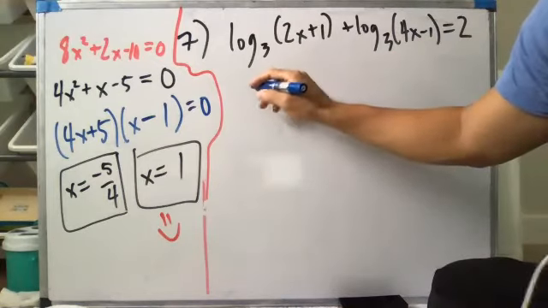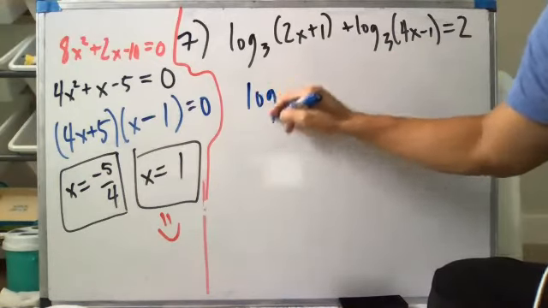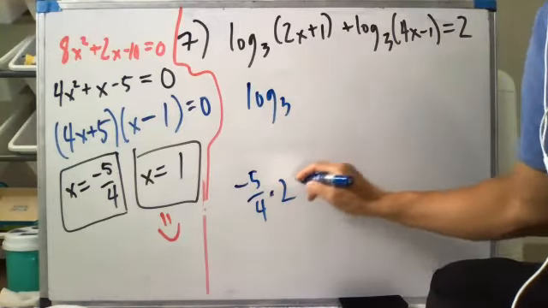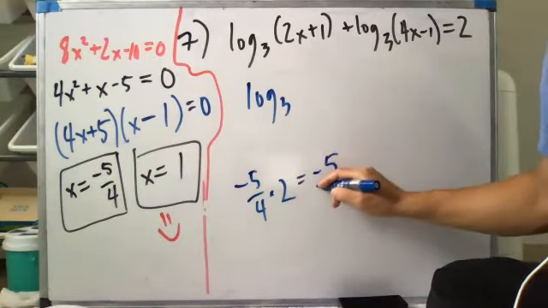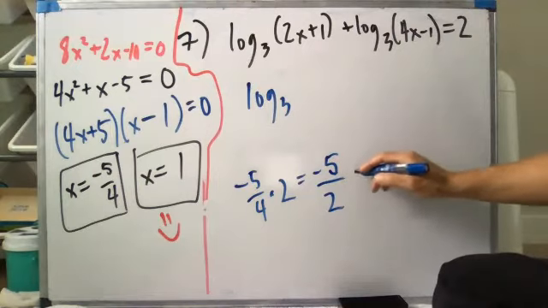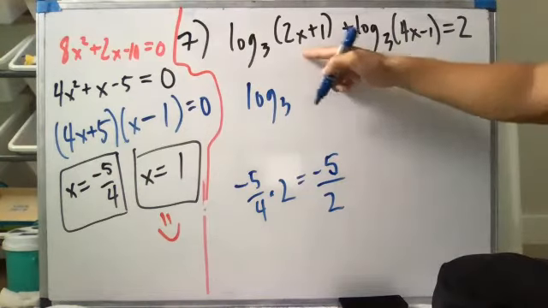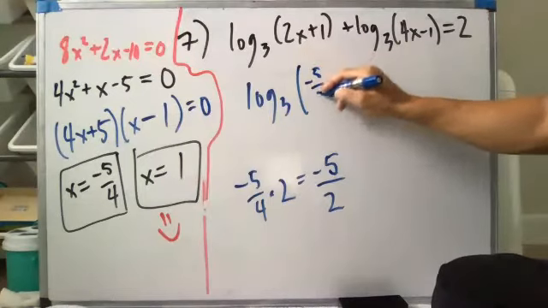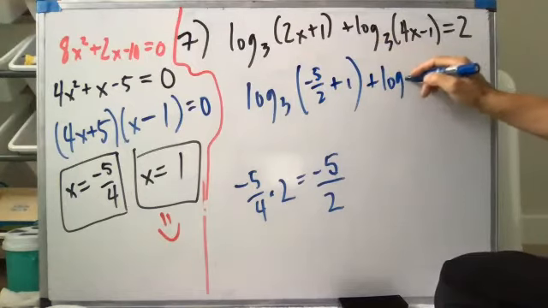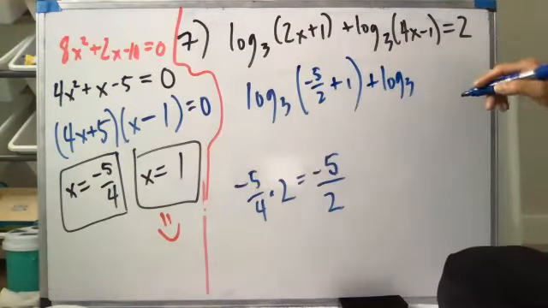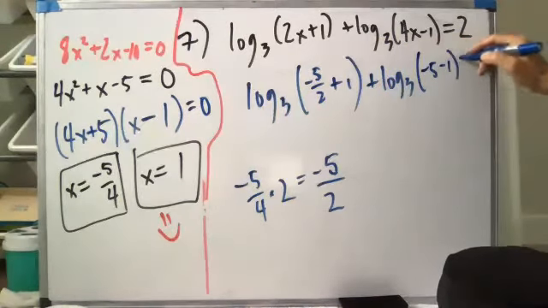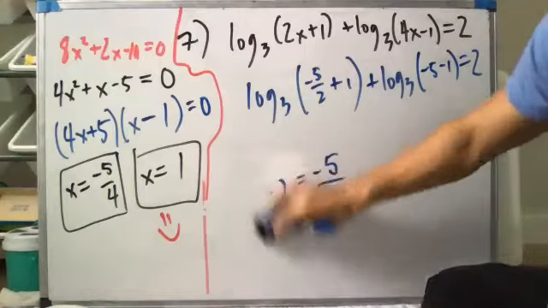So I plug in negative 5/4. I'm going to get log base 3. See, negative 5/4 times 2 is equal to negative 5/2, right? And then negative 5/2 plus 1, plus log base 3 of negative 5/4 times 4, which is negative 5. Right?